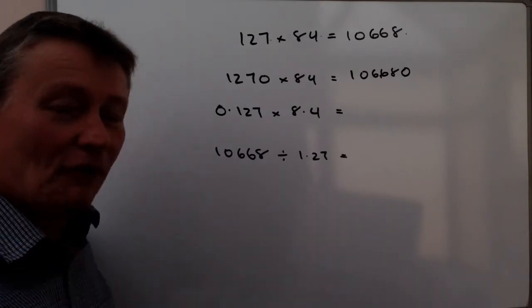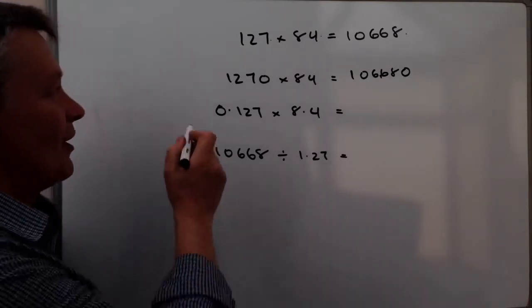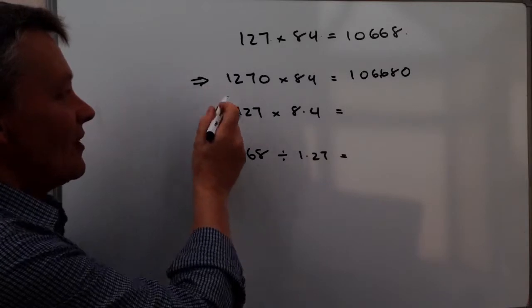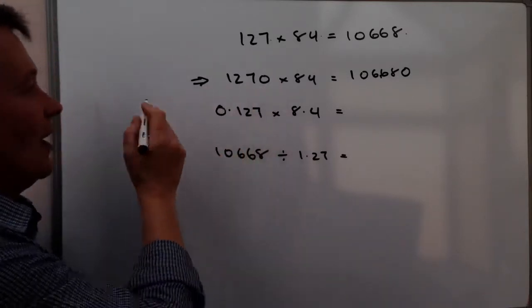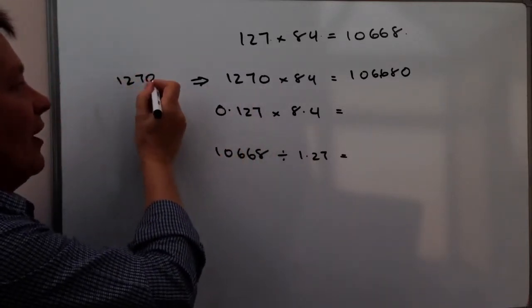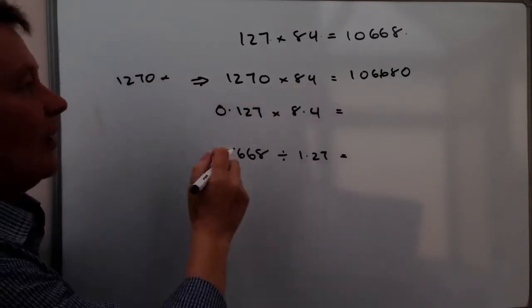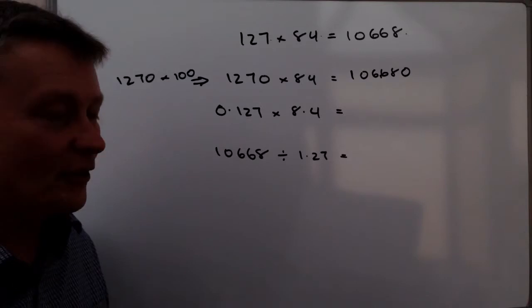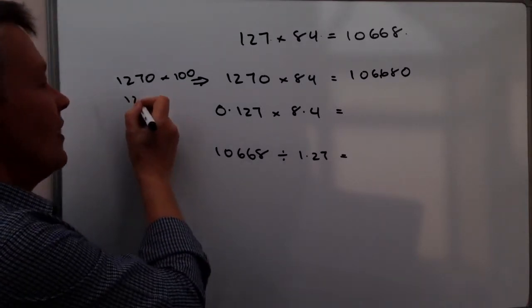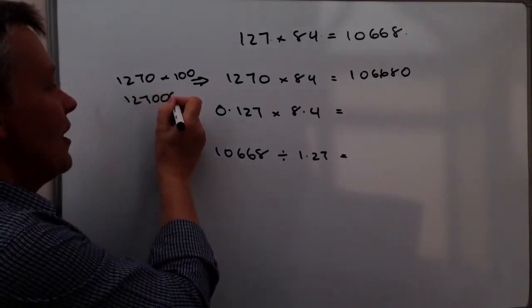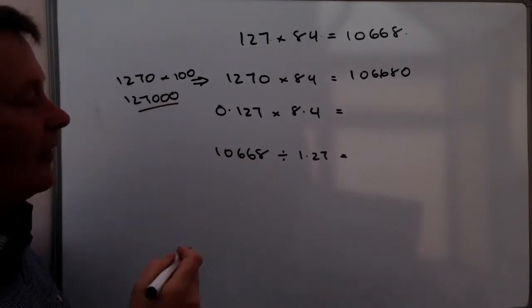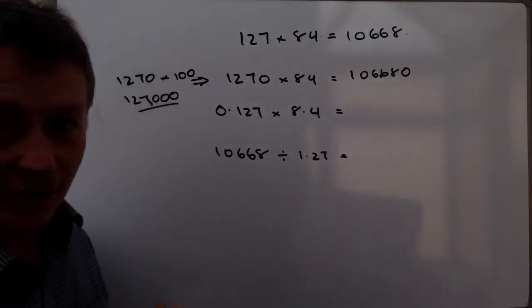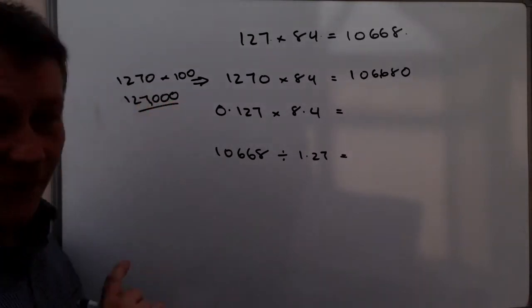However, as in the previous video, I would always have it in my mind that there is a very rough and ready estimate or guess about this. So if I look at that, I've got 1270, and I'm going to multiply that by 100. Well, if I multiply it by 100, all I simply do is add two zeros at the end of it. So I would have it in my mind that the answer is going to be 5 digits long.